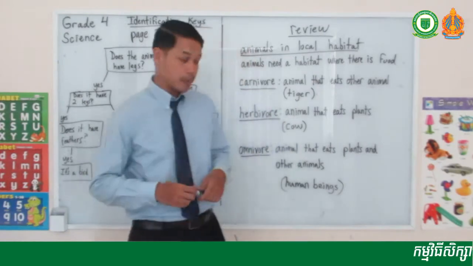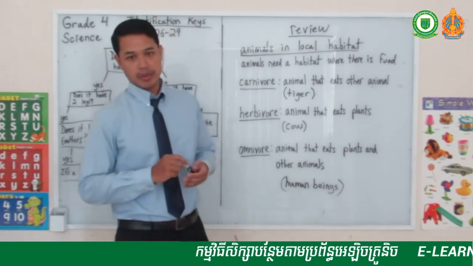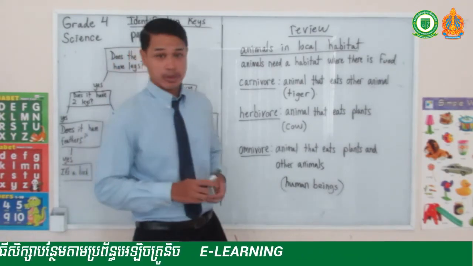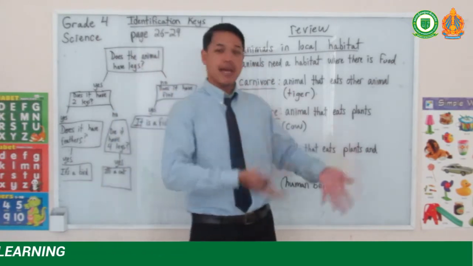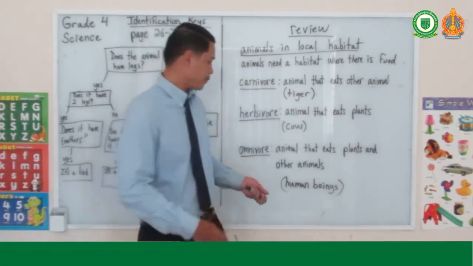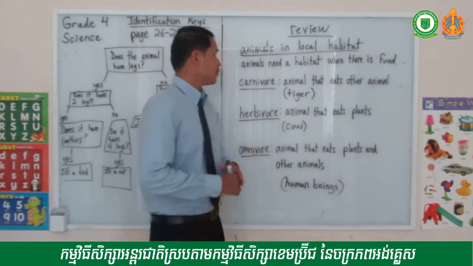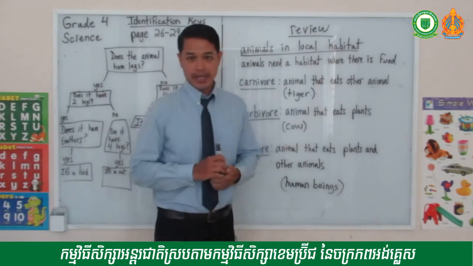We are omnivores. We eat plants and we eat animals. Another example of an omnivore would be a chicken, or a mouse. All right, so that's it for animals and the local habitat.